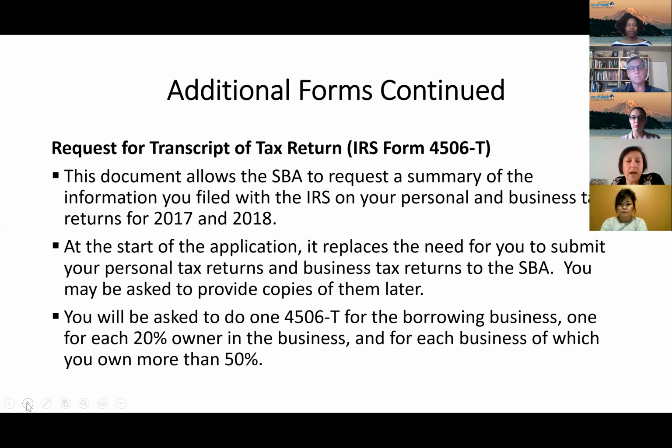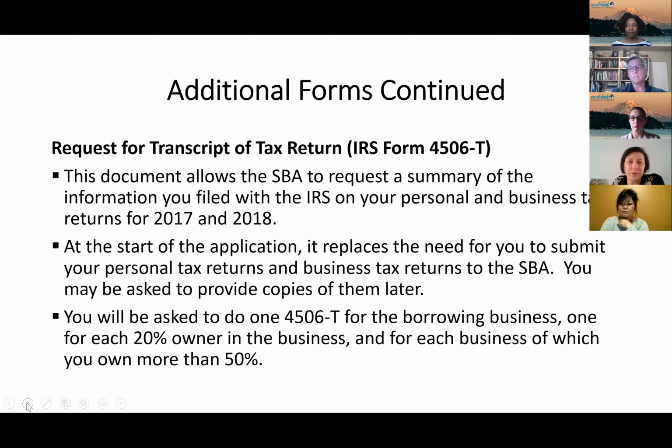You will be asked to do one 4506T form for the borrowing business, again, for each 20% owner in the borrowing business, and for each business you or another owner of 20% or more in the borrowing business have more than 50% ownership in.